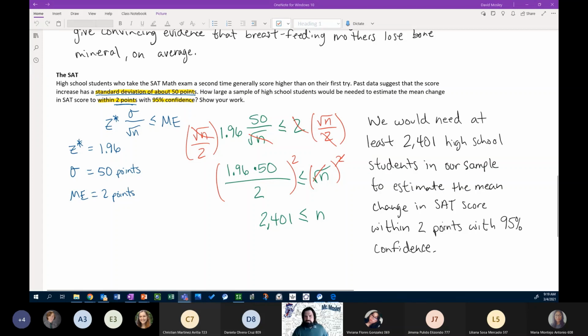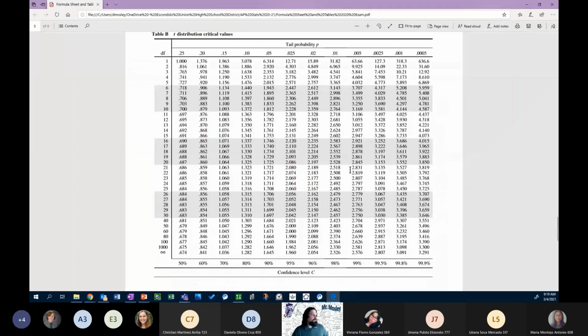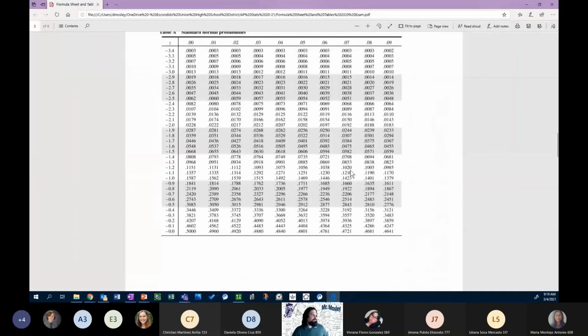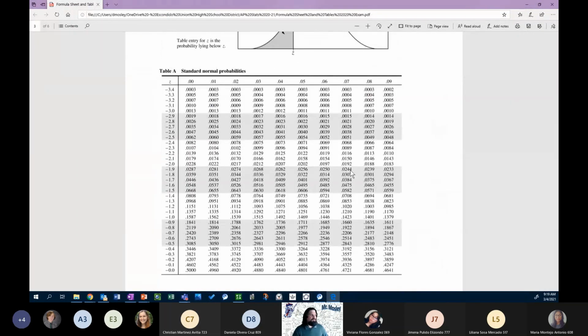So if we go back to table A, right, we have 95% confidence leaves 5% outside of the center, which gives us 2.5% on each tail. So we find 0.025 on table A on the interior, and that's going to be this right here.